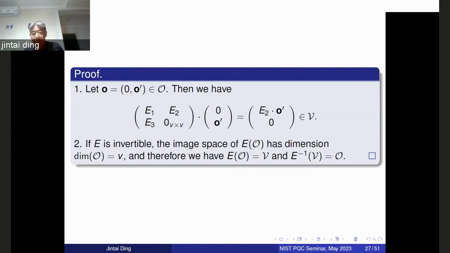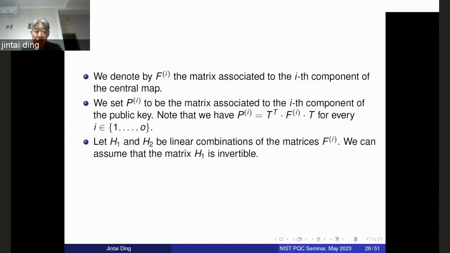And this property gives us insight into how to find the invariant subspace. So how to find the null space. We denote by Fi the matrix associated with the ith component of the central map, and Pi the matrix associated with the ith component of the public key. From what we described before, Pi equals T transpose times Fi times T. Then we choose two matrices H1, H2 to be random linear combinations of the matrices Fi.